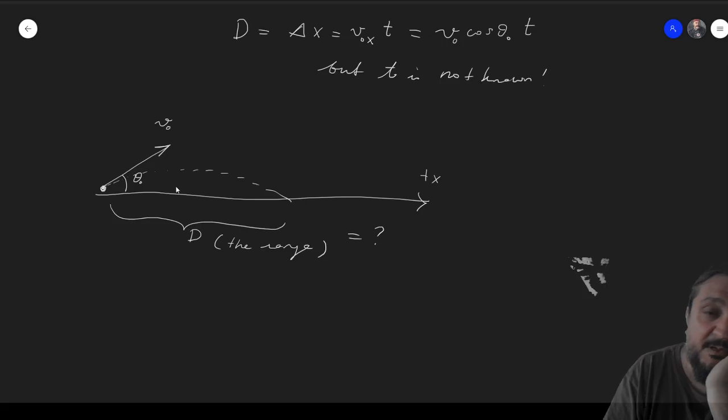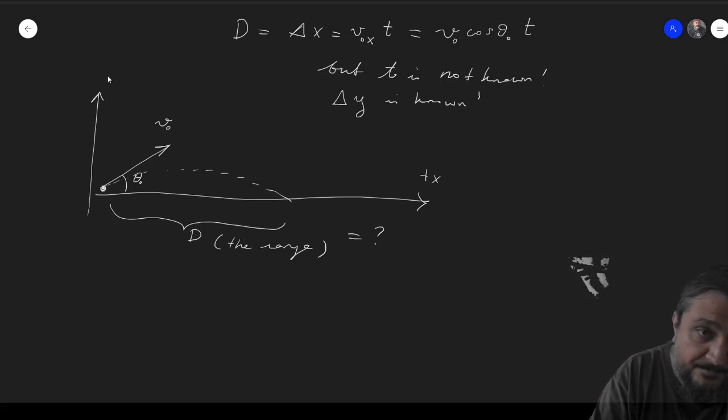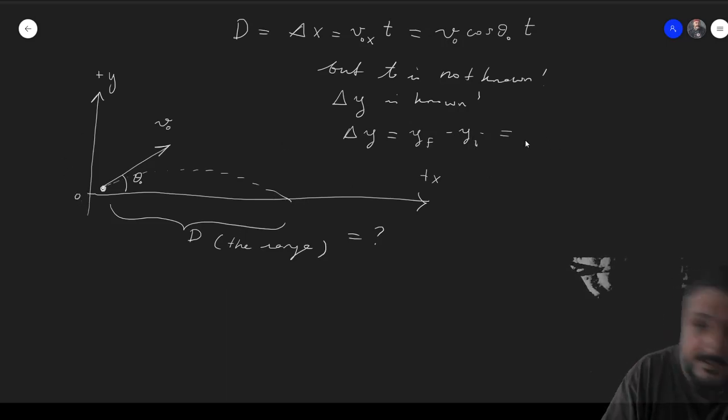We know the displacement in the y direction. Delta y is known. Now y is up. Delta y is the difference between the final y and initial y. If I pick the origin here, both are 0 and the difference is 0.